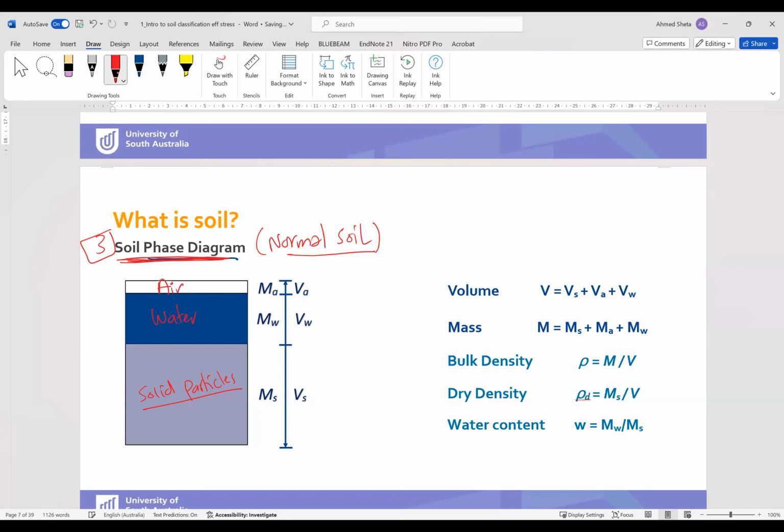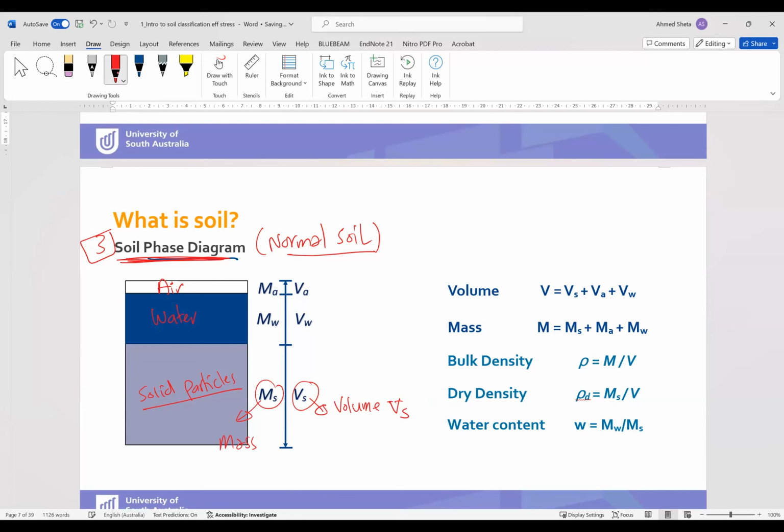To analyze this phase diagram, we need to know the mass and the volume for each phase. For the volume, we indicate it by V, so Vs means volume of solids. M is the indication for mass, so Ms means mass of soil.